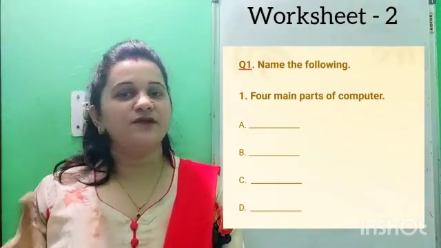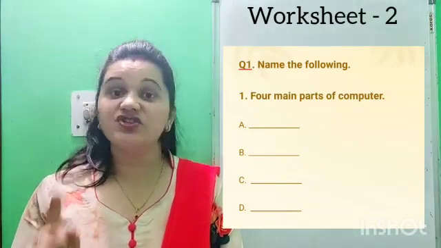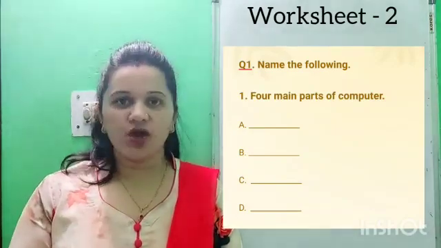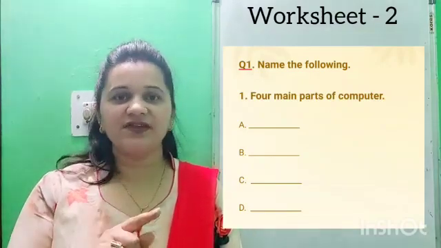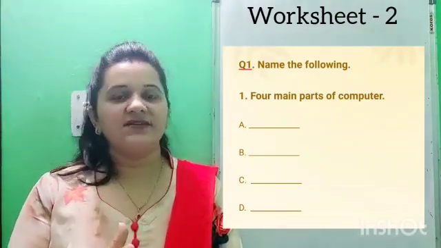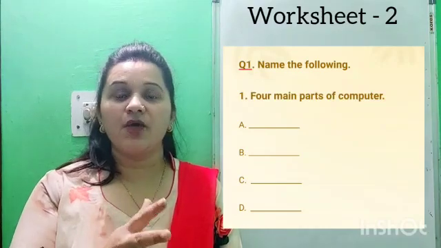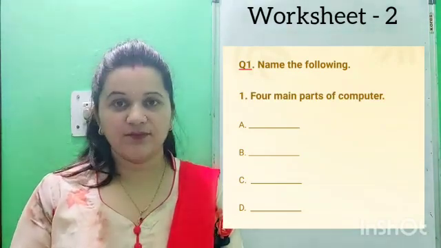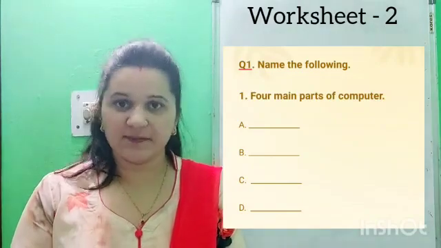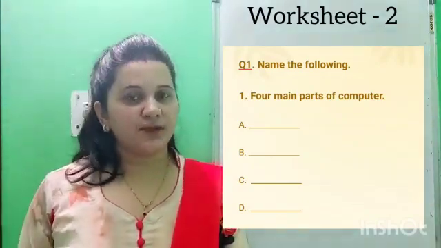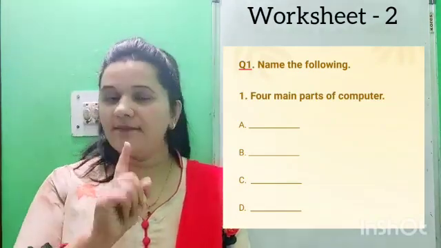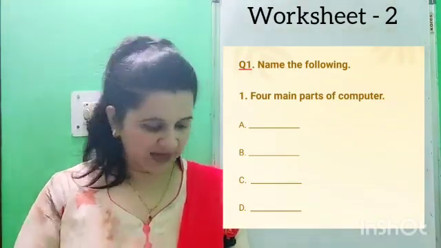Don't take help of anyone. Just do this worksheet by yourself. It is a kind of a test. It is your self-test. Give the self-test. That is how you will come to know how much you are learning at home, how much you have studied. Got it, children? So you have to write down the 4 main parts of computer in your notebook on your own. Don't take help of anyone.